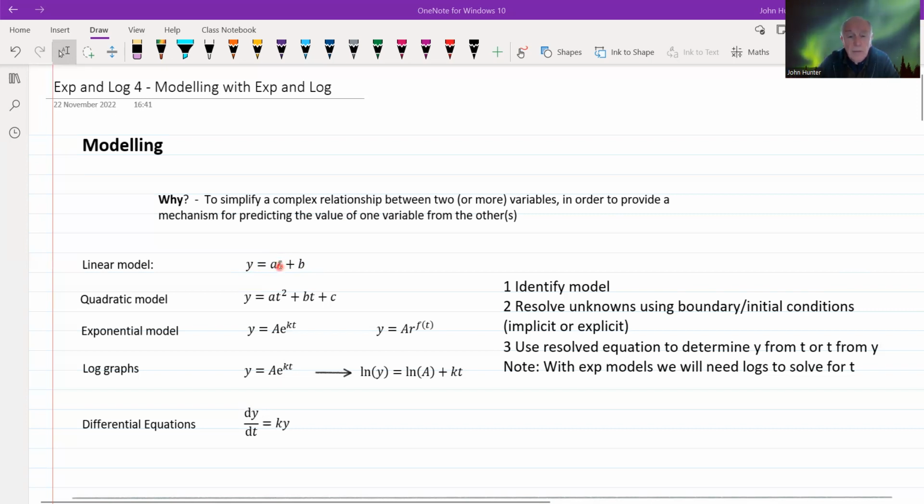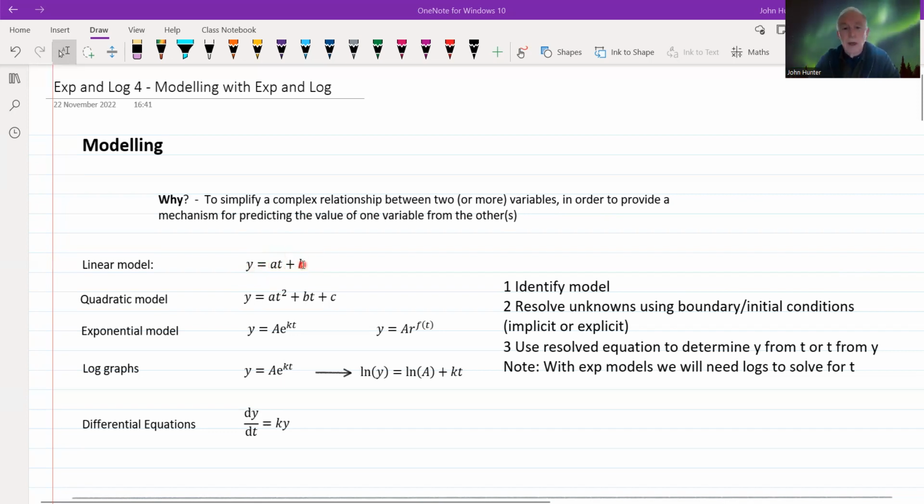They're not necessarily all time-based. It could be other things, but time is a pretty recurrent theme, and y is just a general variable which could relate to the value of a financial investment or the population of rabbits in a colony or all sorts of things. So y and t are the variables that we're interested in modeling.